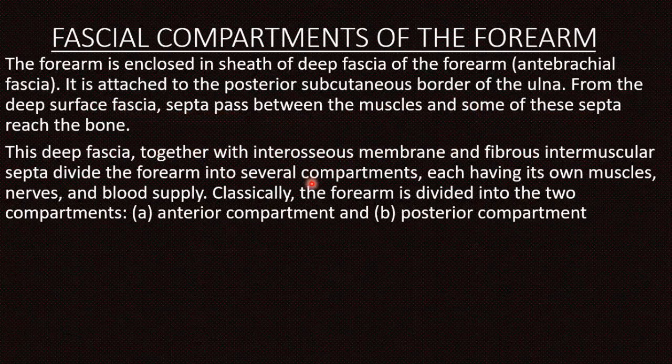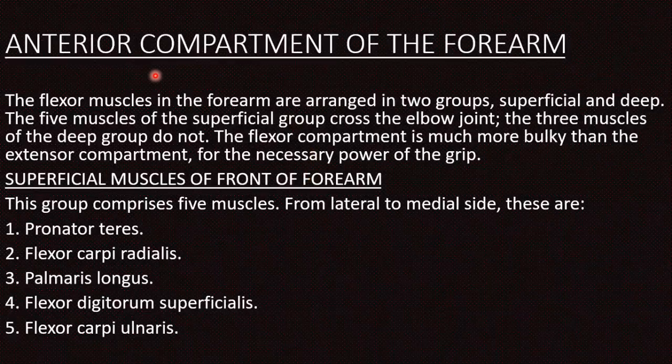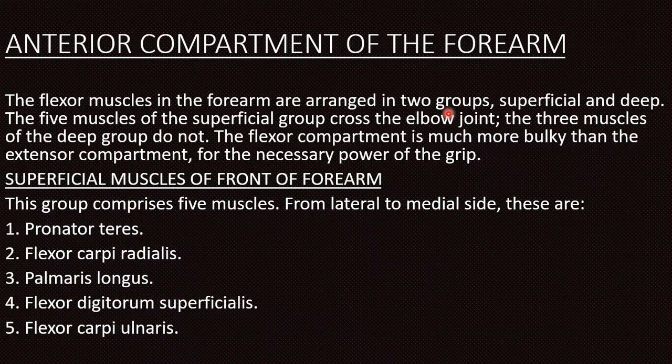Now, classically, the forearm is divided into two compartments: the anterior compartment or the flexor compartment, and the posterior compartment or the extensor compartment. Now, let's look at the anterior compartment of the forearm, also known as the flexor compartment. The flexor muscles of the forearm are arranged in two groups, superficial and deep. We have 5 muscles in the superficial group and 3 muscles in the deep group, a total of 8.